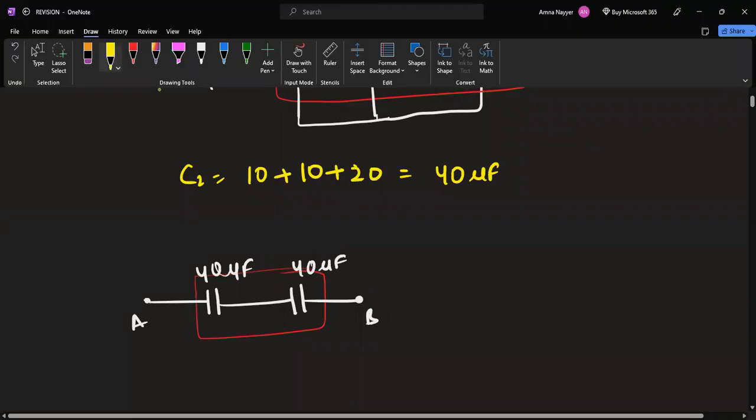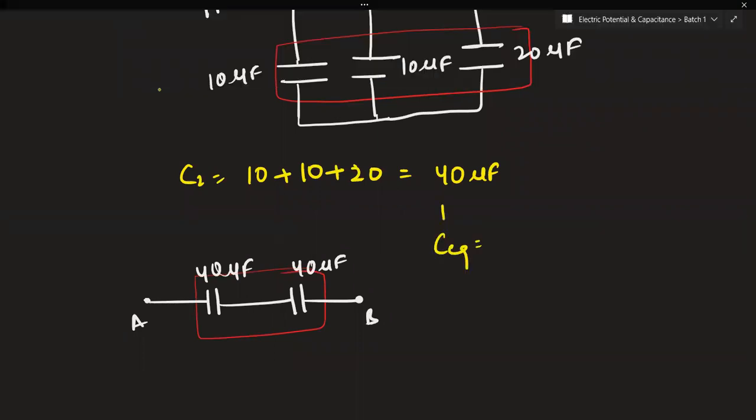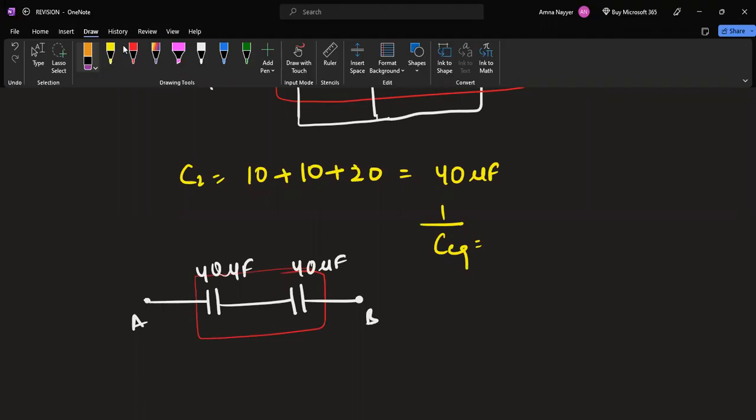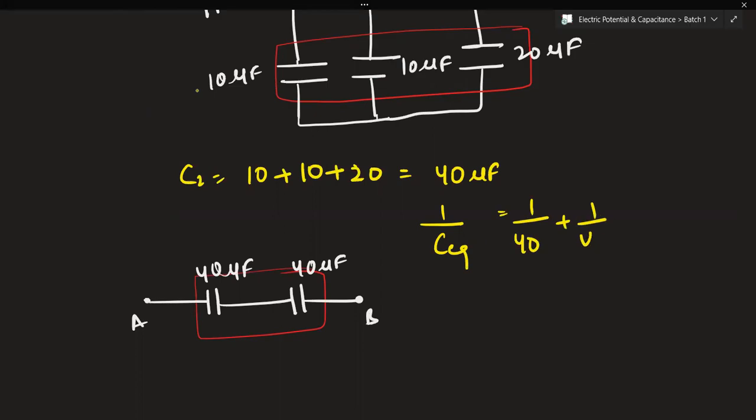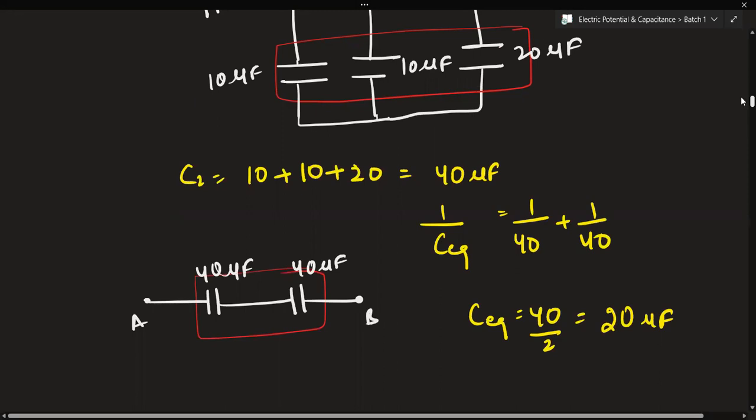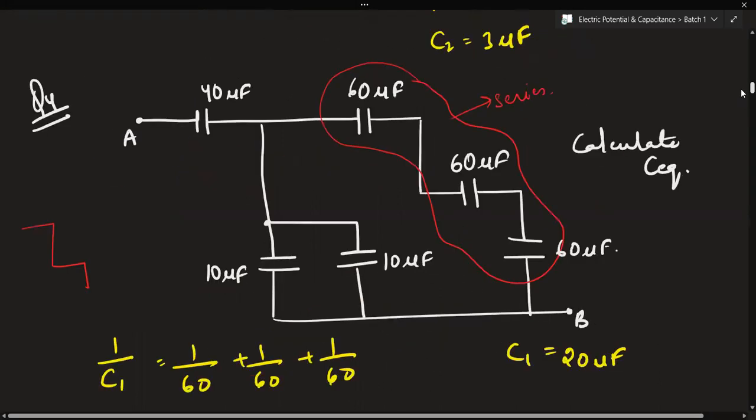So 1 by C equivalent will be 1 by 40 plus 1 by 40. Or you can write C equivalent directly, 40 divided by 2, that is 20 microfarad. So look how a huge circuit. This was the circuit given to you. So simply step by step, keep on reducing. Note it down, be prepared for current electricity and come. It will ease the work.